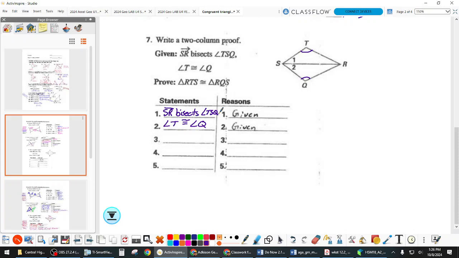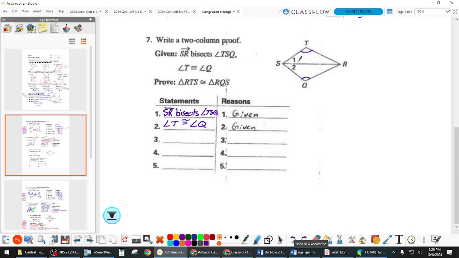This is very specifically one thing split in half, not a whole triangle. What does bisect mean? Split in half. What is being bisected based on that statement? The angle TSQ, right? Which is this angle.